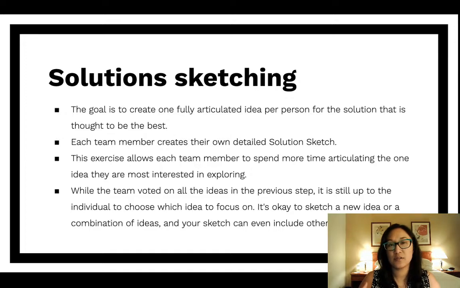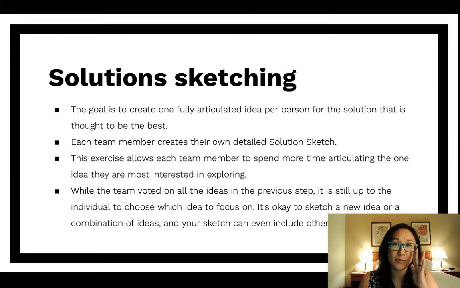It becomes essentially an 8.5 by 11 with a couple of sticky notes on it that fully articulates the big idea that you have and the solution that you think is best to solve this problem of where are we going to eat for dinner and how are we going to get this whole family on board.